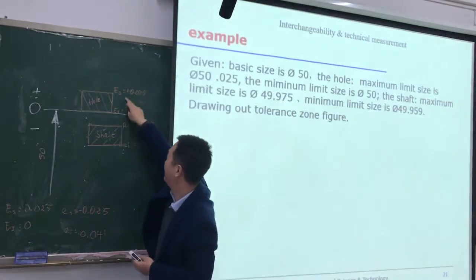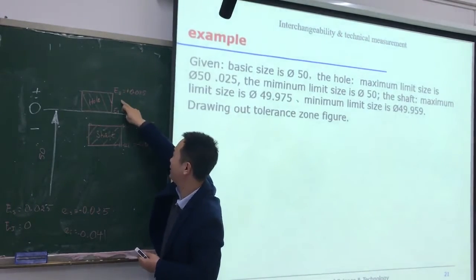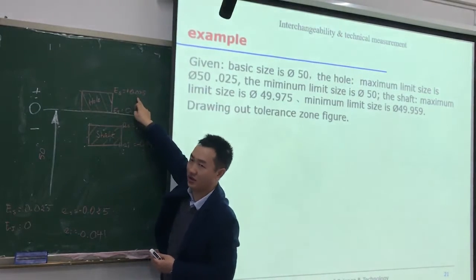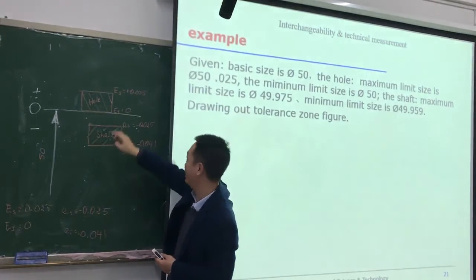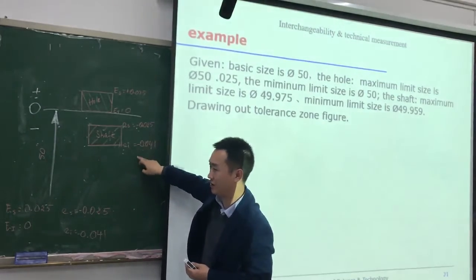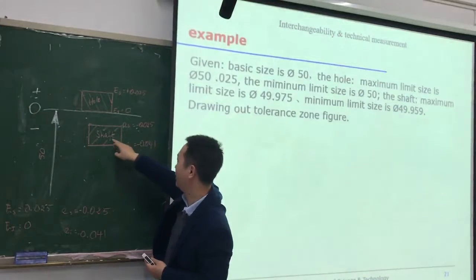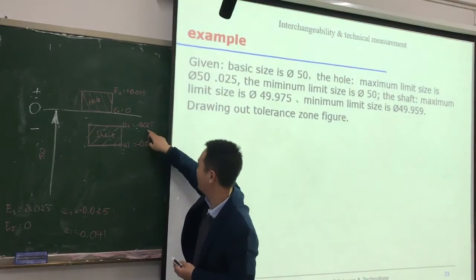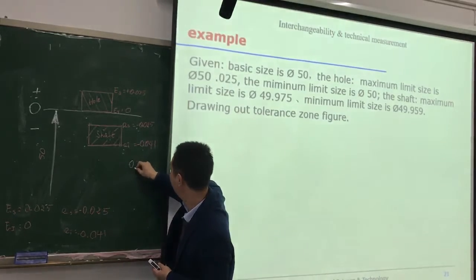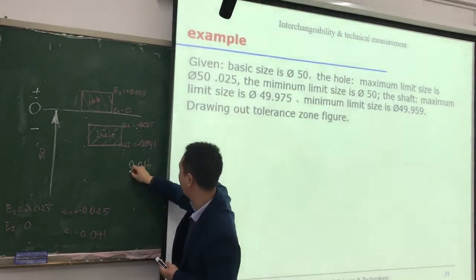For example, the tolerance for the hole, you can get the result is 0.025, right? And for here, you can also get the tolerance for the shaft. The tolerance is, you can use this value minus this value, you get what? This value, right?